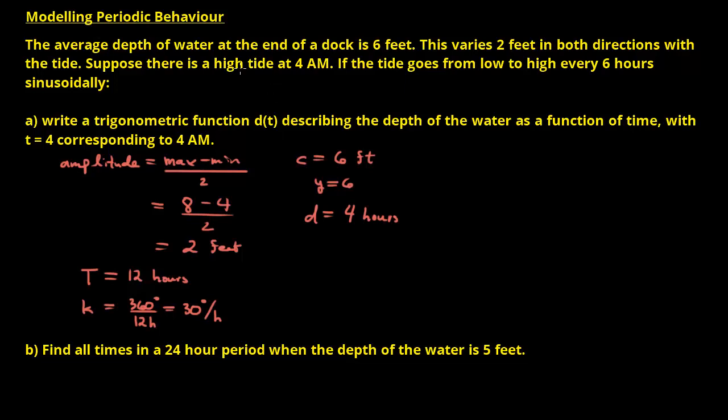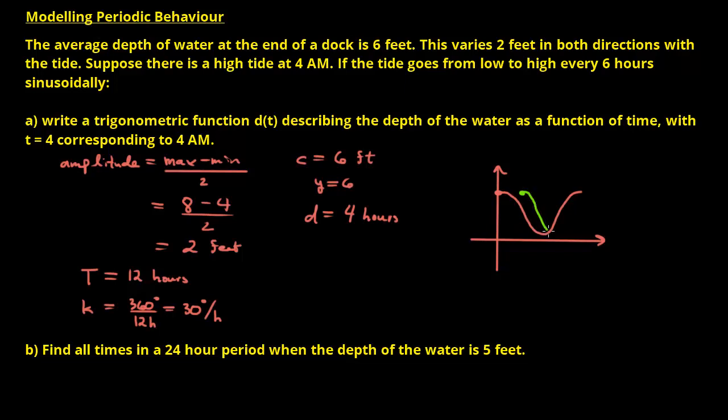And we're going to use a cosine curve to model this because we've shifted this. Normally the cosine curve would look something like this, where we normally have our maximum occurring along the vertical axis, but here we have this maximum occurring when t is equal to 4.